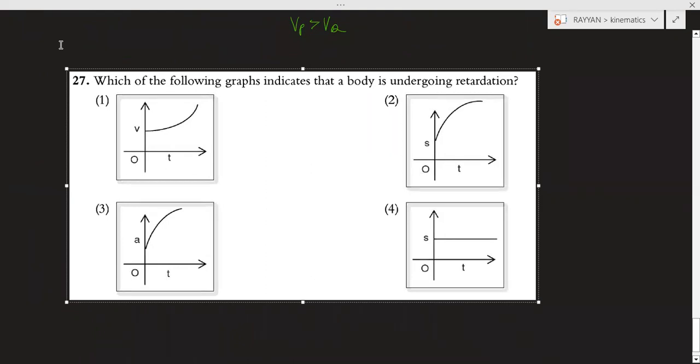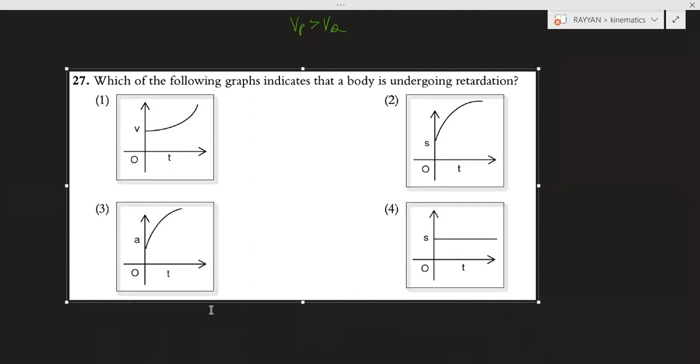See this question. Which of the following graphs indicates that a body is undergoing retardation? Retardation. So we have a velocity time graph, a displacement time graph, and here an acceleration time graph.